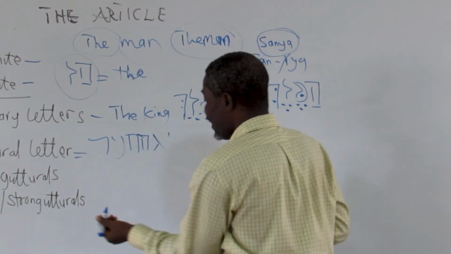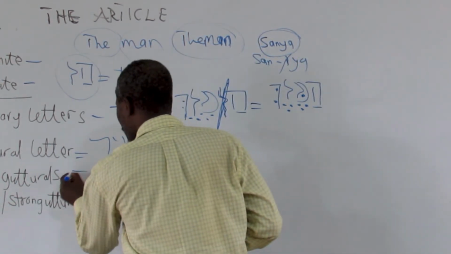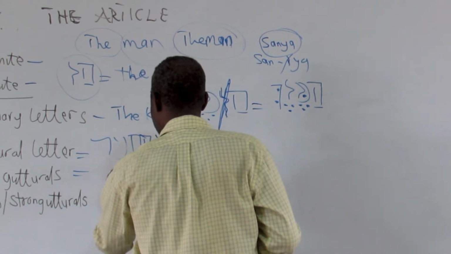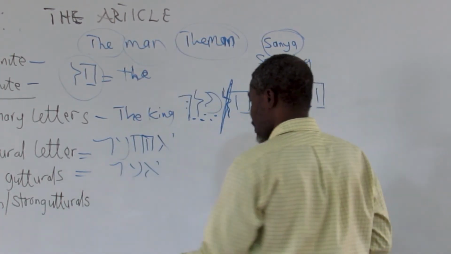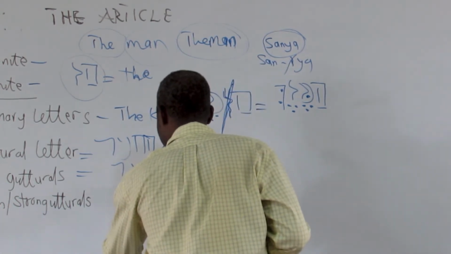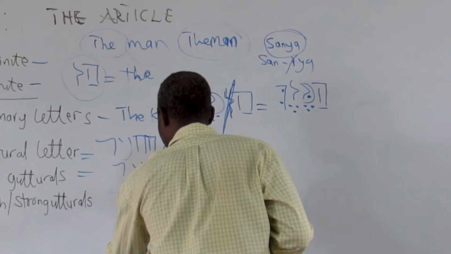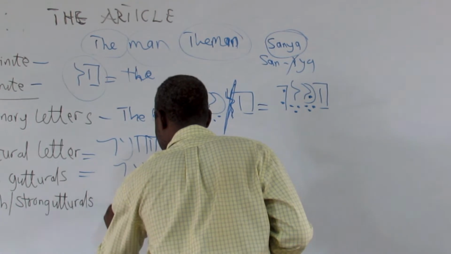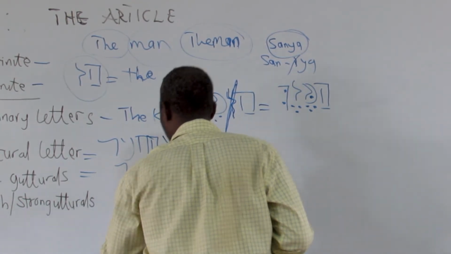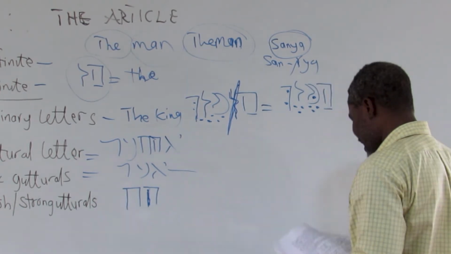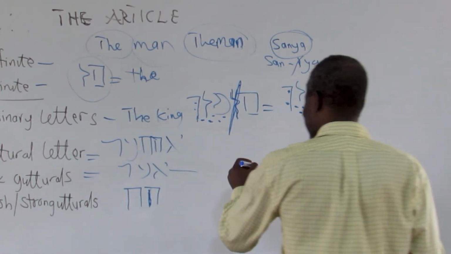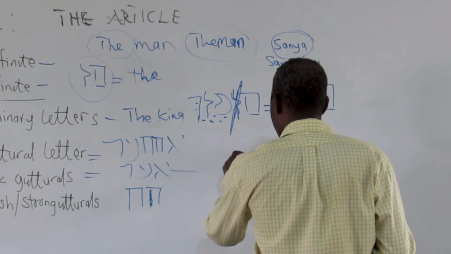But they can be divided into two. You have the weak gutturals, which are Aleph, Ayin, then Resh acts like them. Then the strong gutturals, which are He and Het. So, when it comes to weak gutturals, for example, let's have a word like light, which is or.